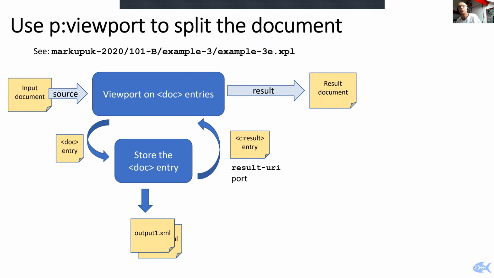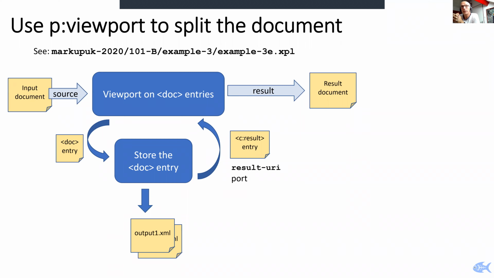We've now used p:for-each. There's another way to do it. There's of course more than one way to do it, and that provides me with a good way to introduce the p:viewport core step to you. p:viewport does something interesting.